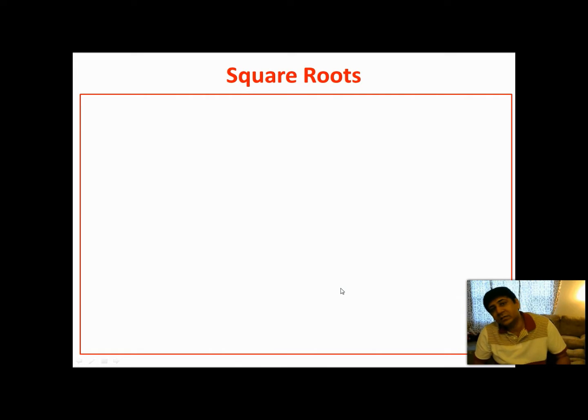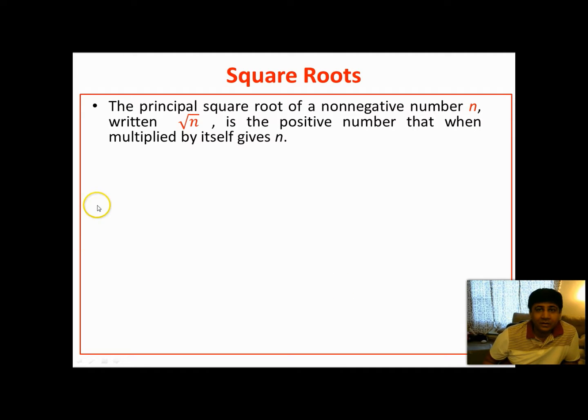Since most of the irrational numbers are square roots of integers, let's talk about that. The principal square root of a non-negative number n, we write like this. This is the symbol of the square root and the number inside is n. The square root is a positive number that, when we multiply it with itself, produces the number we are taking the square root of.